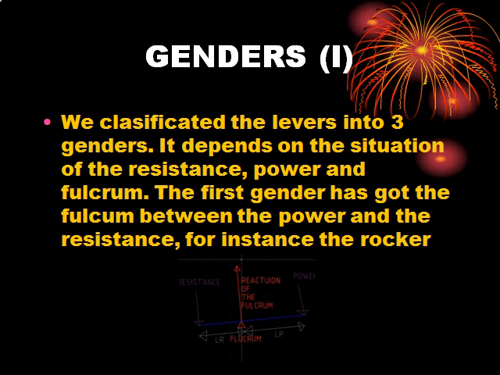The levers are divided into three genders, and these genders differ in where the fulcrum, power, and resistance are. In the first gender, for example the rocker, we always have the fulcrum between the power and the resistance.